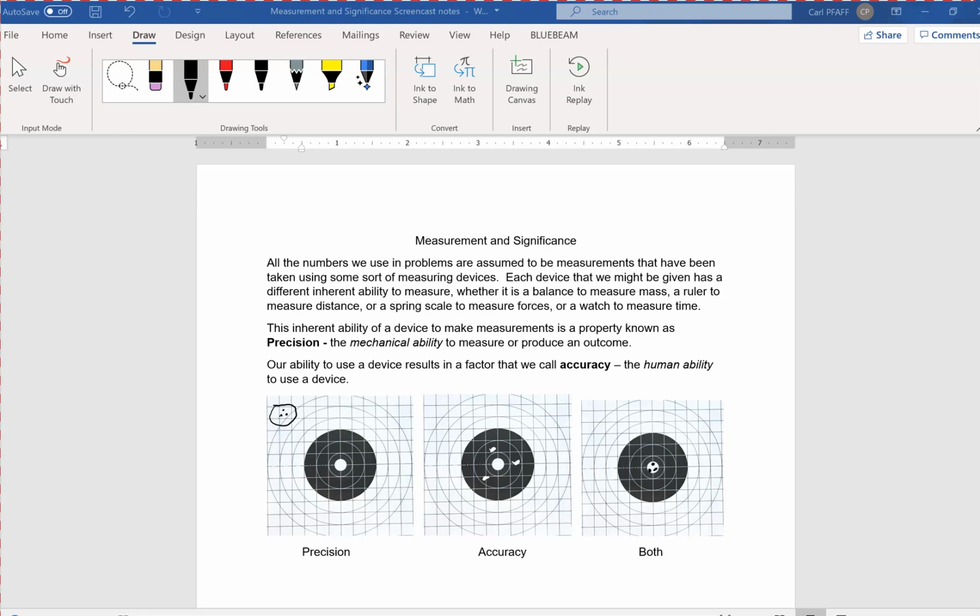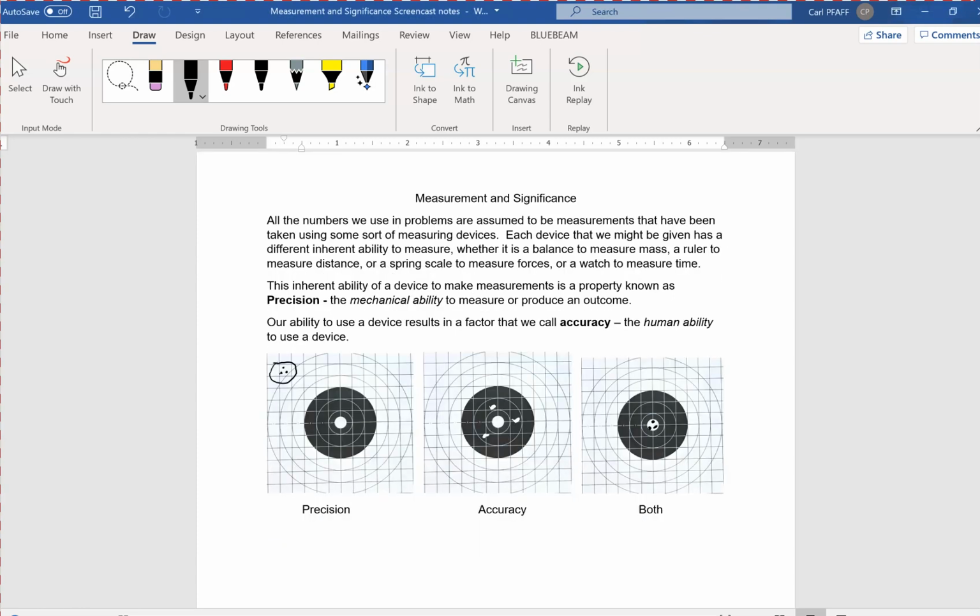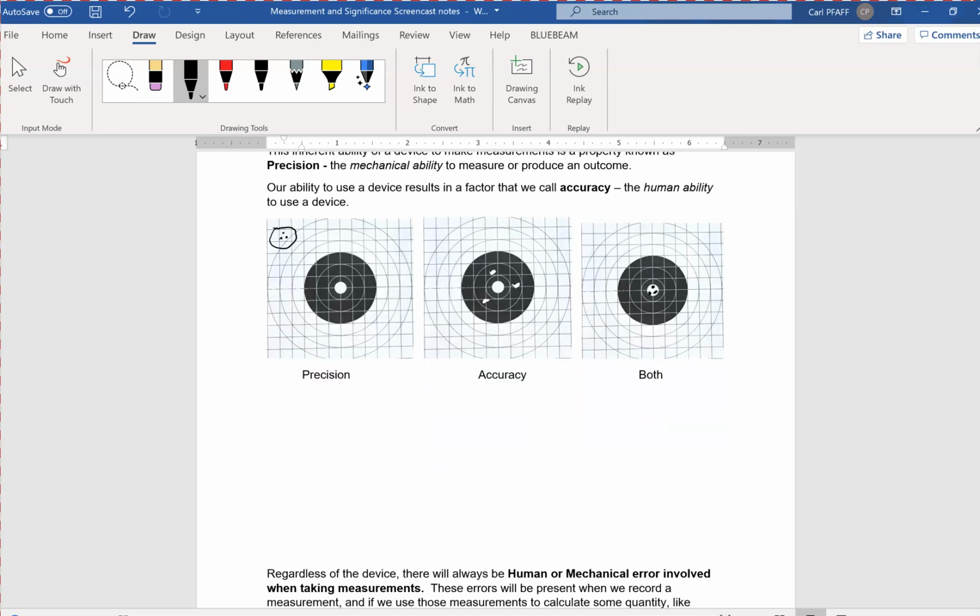Now obviously the stuff that we use in science, physics to measure distances, etc., don't involve all that type of mechanical precision that something like a rifle does, but that's really the idea behind the difference between precision and accuracy, right? You want to be able to use the piece of equipment properly to get the most out of it.